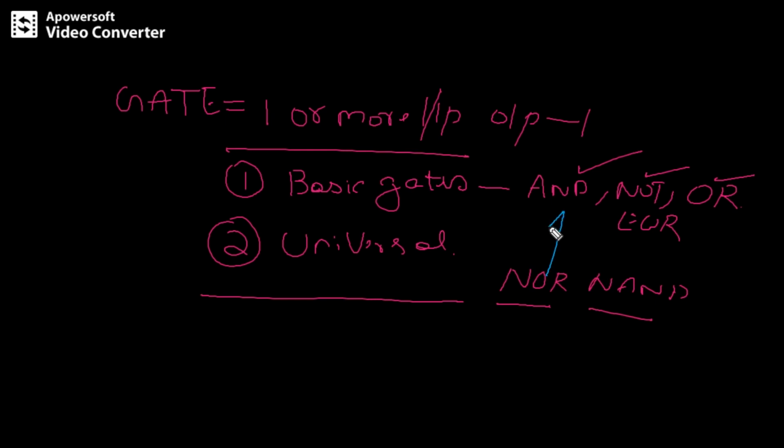So that is a universal gate. Normally, on the higher end in the development or design of electronic circuits, they will use the universal gates, because by using those gates you can implement all these functions, so it is economically feasible also.